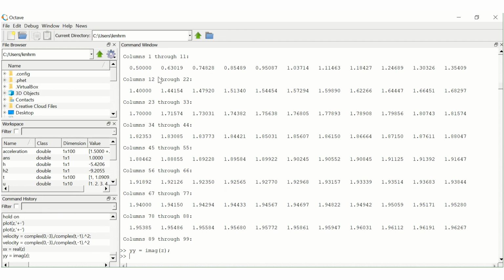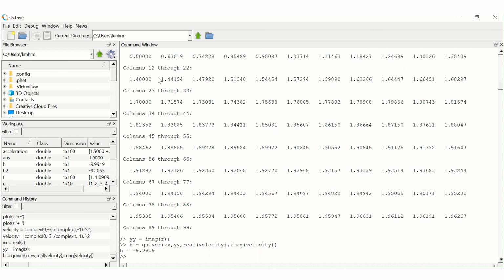Now I'm going to plot the vector on this point. I'm going to use h equals quiver. So xx is the point in the x-axis, yy is the points in the y-axis, and I'm going to plot the real part of velocity and the imaginary part of velocity here. Let me just enter, and you will have the plot right after this.